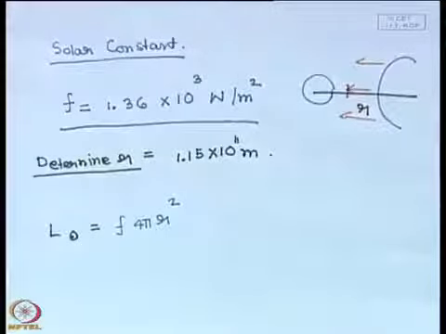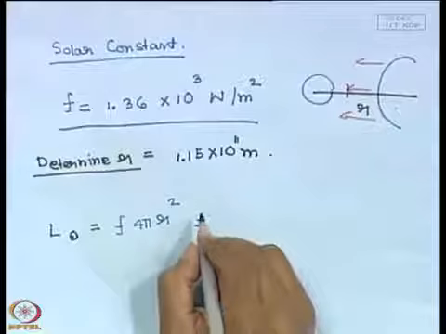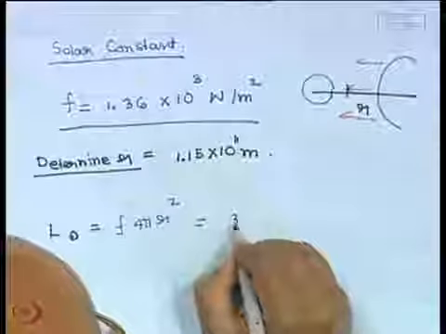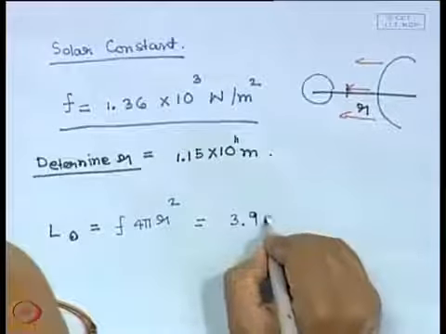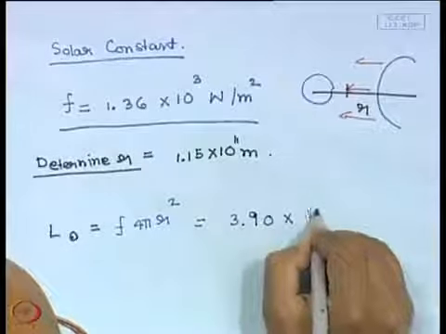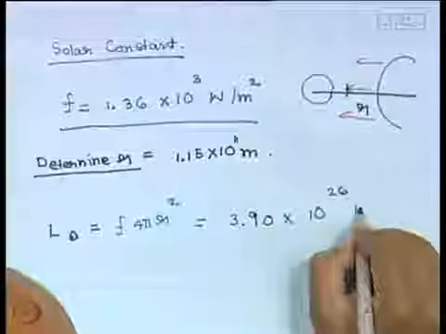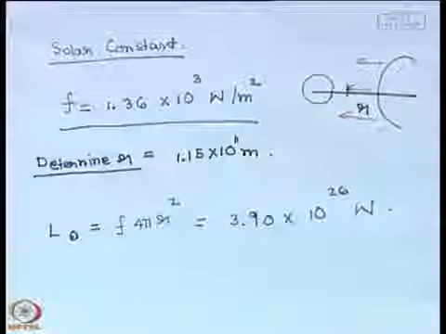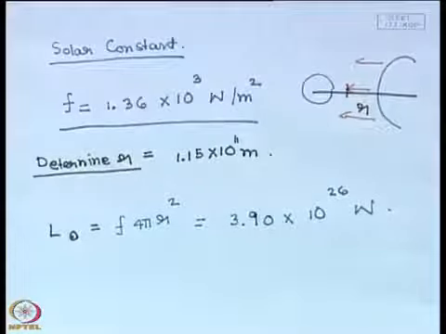And if you do this exercise, then you will find that this has a value, that is the total solar luminosity, the total energy emitted by the sun in 1 second.